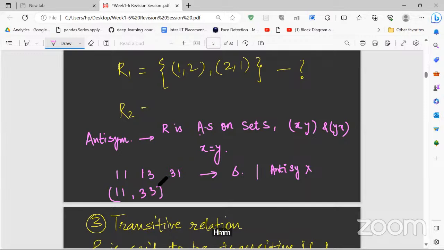And anti-symmetric is defined on the set and symmetric is defined on the relation. No, who told you? Both are defined on the set S that has already been defined. Okay, the Cartesian product.